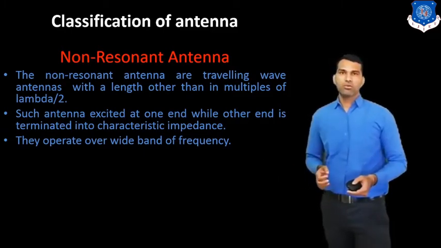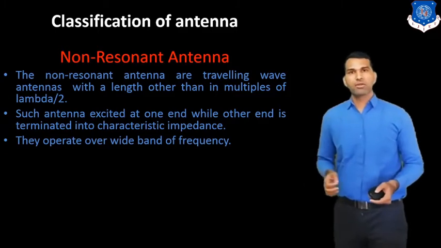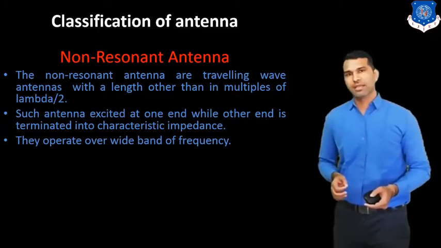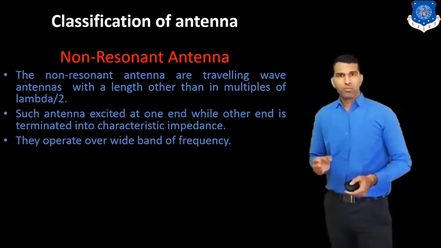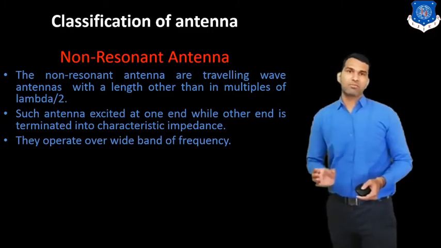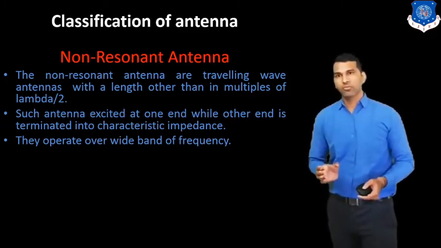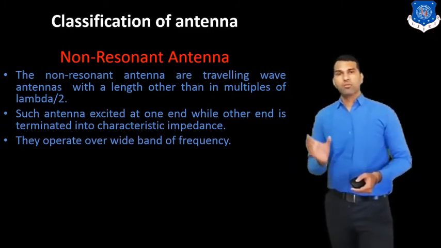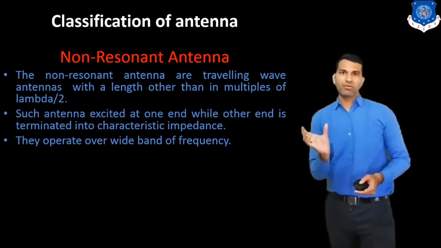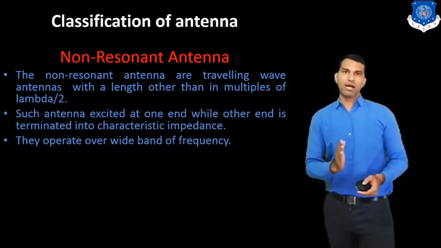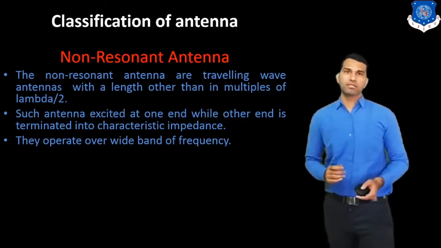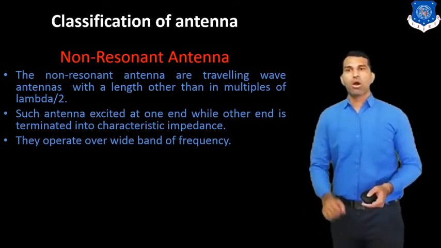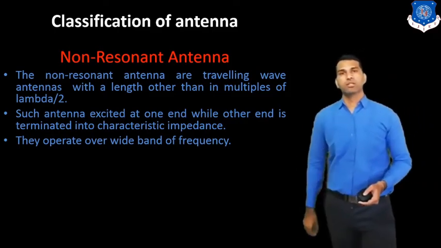So we can use it for wide frequency band applications, like the L band, S band or C band, because it covers the whole frequency range, like 1 to 2 gigahertz, 2 to 4 gigahertz. So they operate over a wide band of frequency.